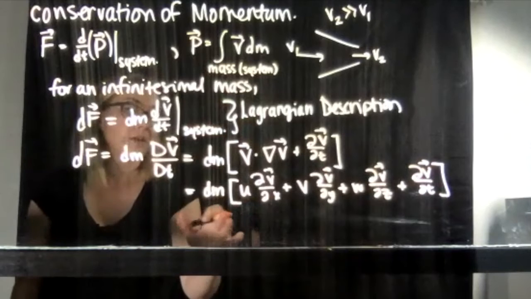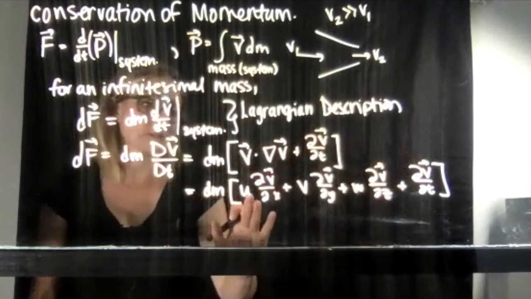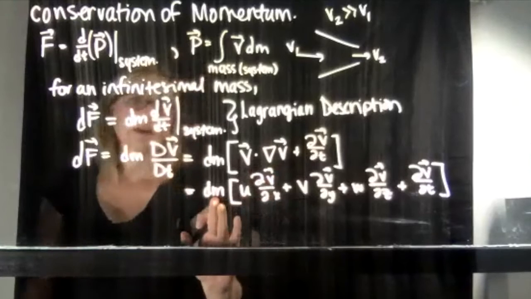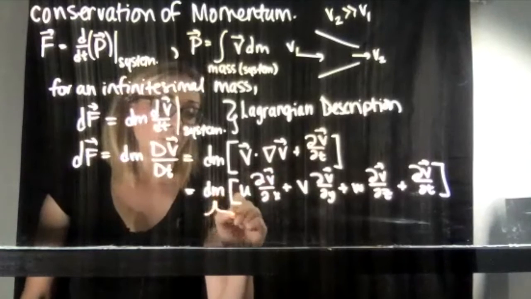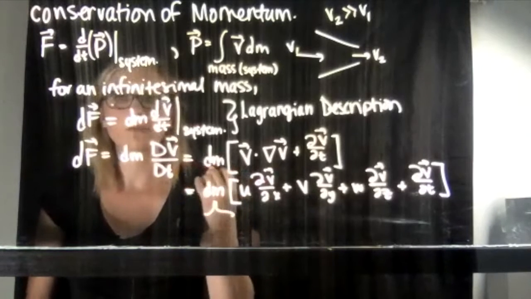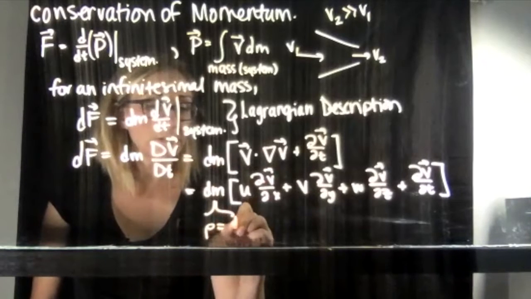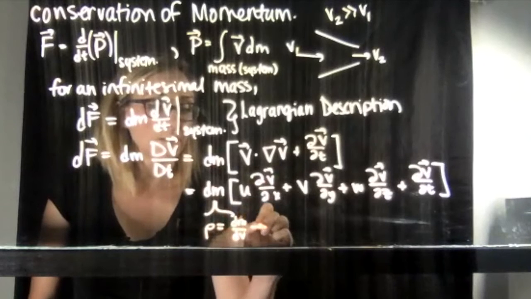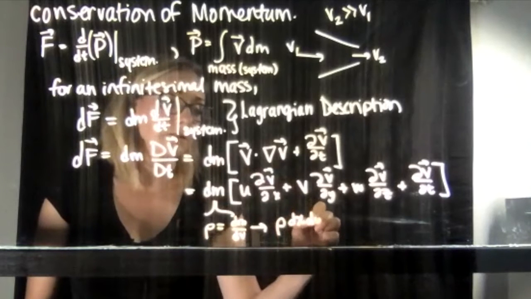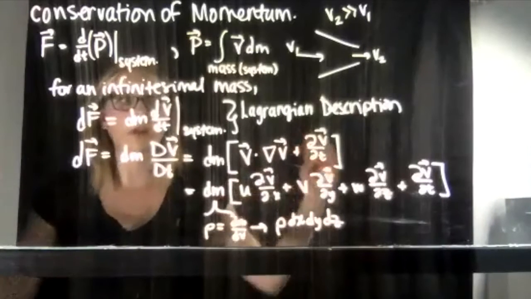We have our right-hand side in terms of velocity and derivatives with respect to position. And we also have this dm, which we can relate to differentials in space through the density. We know that rho is equal to dm over dV, so this dm we can rewrite as rho dx dy dz. Just keep that in the back of your mind. It's going to show up later when we bring everything together.